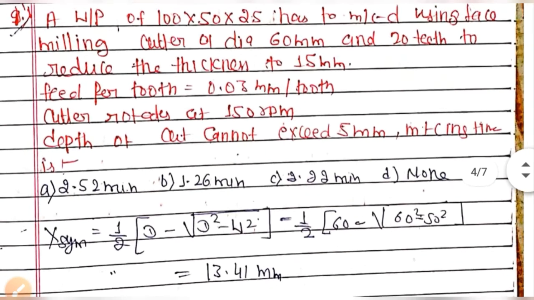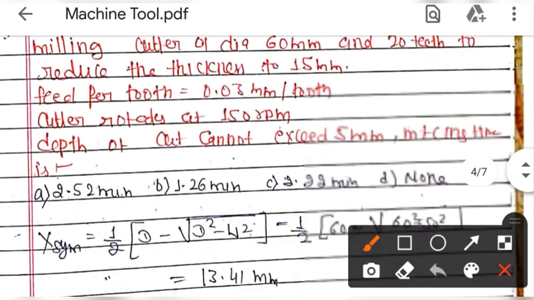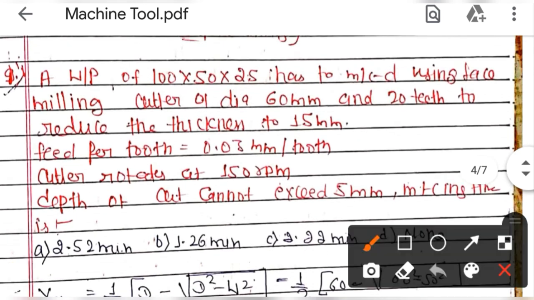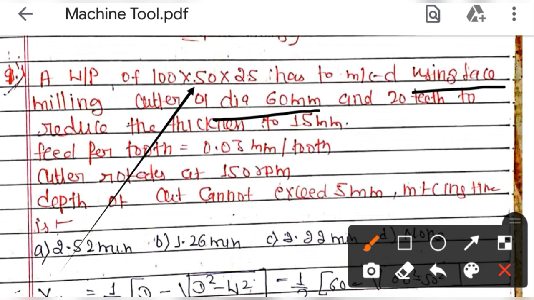Question: a workpiece of 100 into 50 into 25, meaning 100 length, 50 width, and 25 thickness, has to be machined using a face milling cutter of diameter 60 mm and 20 teeth to reduce the thickness to 15 mm.